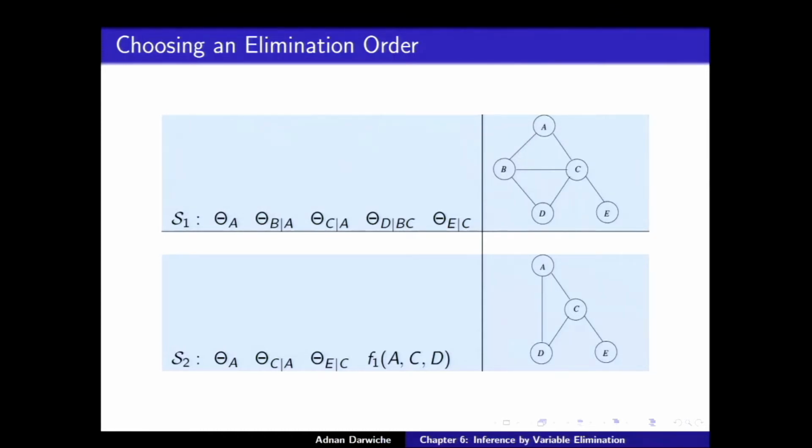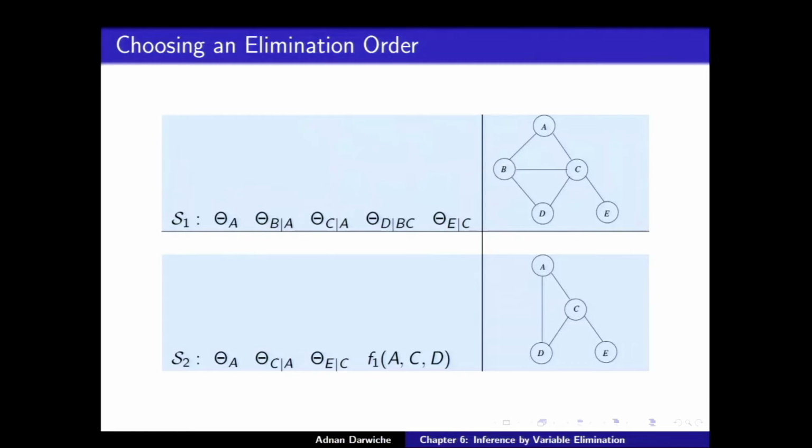Now, the second part of the question is, then what is the width, sorry, of the variable order? As I'm doing the elimination, anytime I'm eliminating a variable, I look at how many neighbors it has. And I take the maximum of that. So I do this elimination process that we just described here, and I keep track of the maximum number of neighbors that I see for any eliminated node.